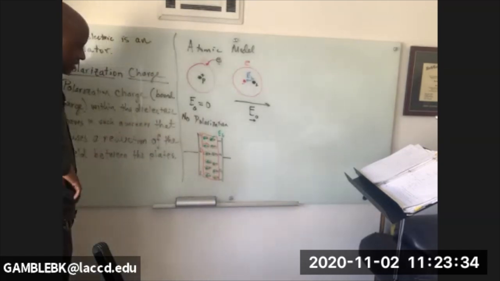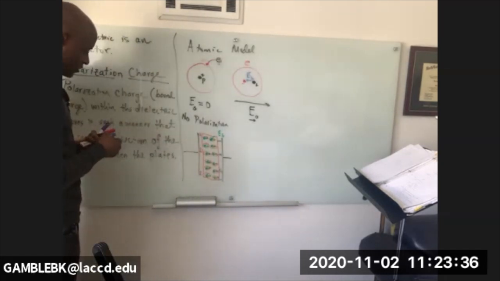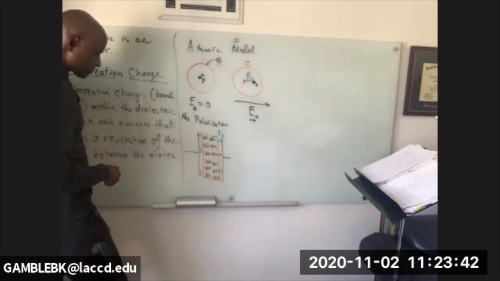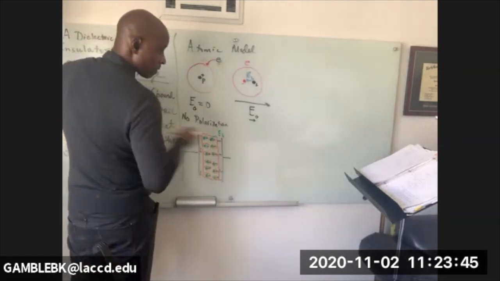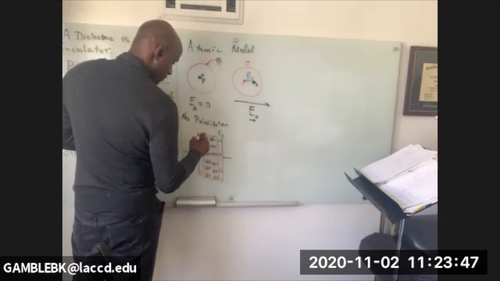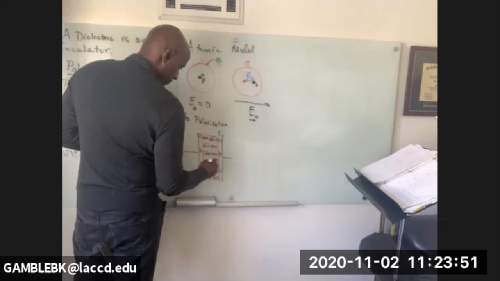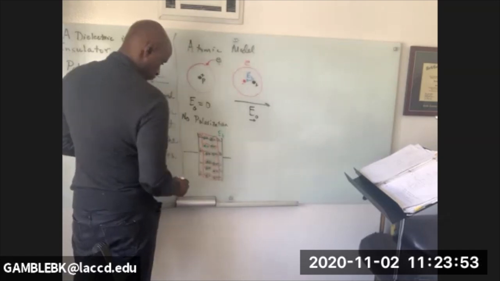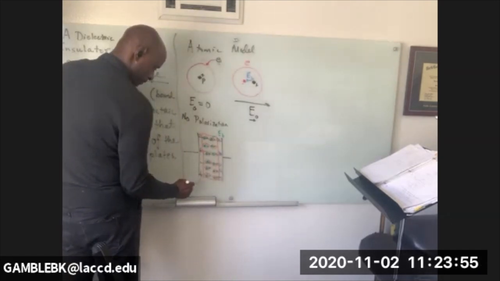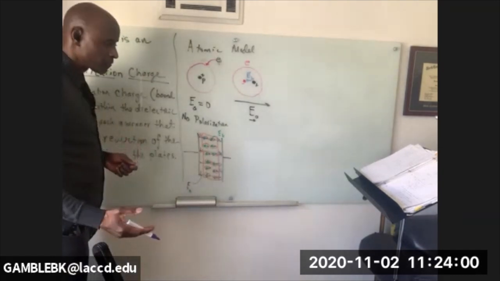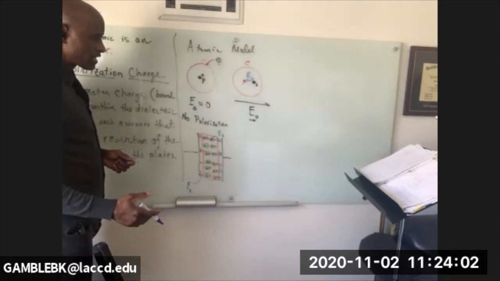And of course, I still have my E naught that's trying to point from left to right. I'll make that purple this time, right? So I've got a big E that's doing this, E naught. Now we can see why it's decreased, because the electric field abides by superposition, right?